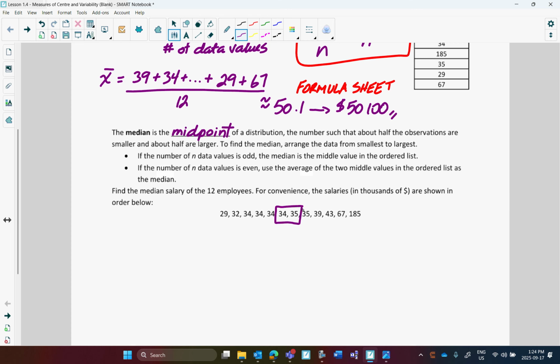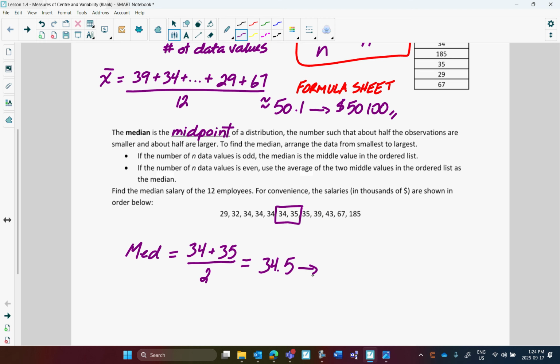And therefore, to find the median, we just do 34 plus 35 divided by 2. And we get 34.5, but we must use proper units and answer in the context of the question.